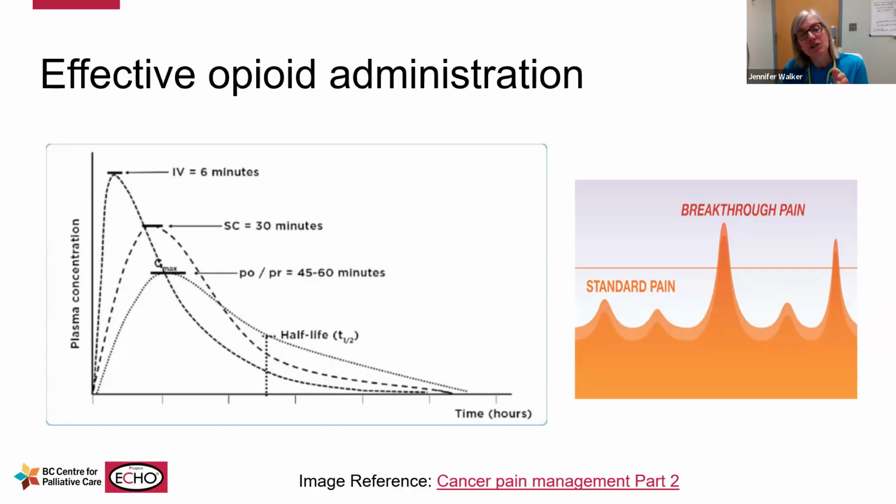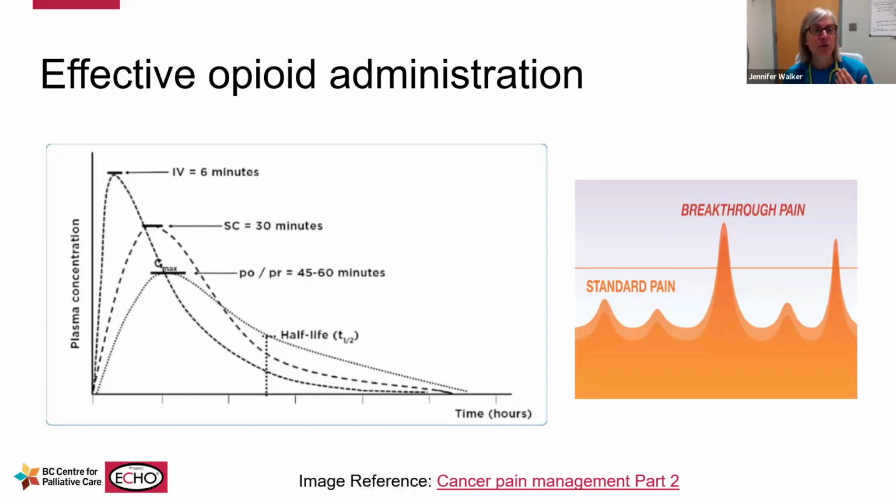So if a resident has had a sub-Q opioid dose, either a scheduled dose or a PRN, 30 minutes or more prior, and they are still in pain and asking for more pain meds, it's absolutely appropriate to give them another dose. They're not going to be getting more benefit from that previous dose, and they do need another one.